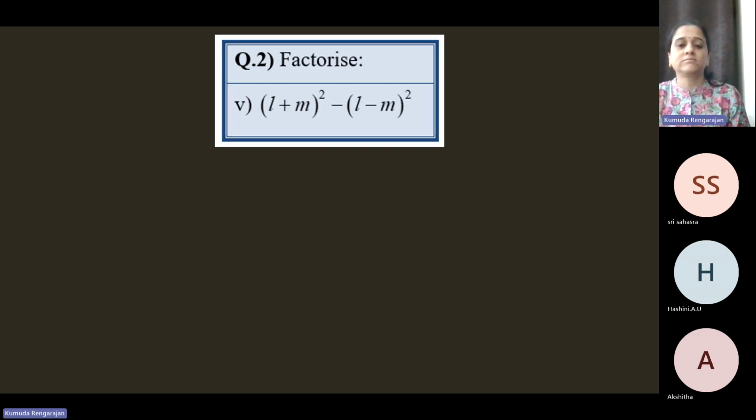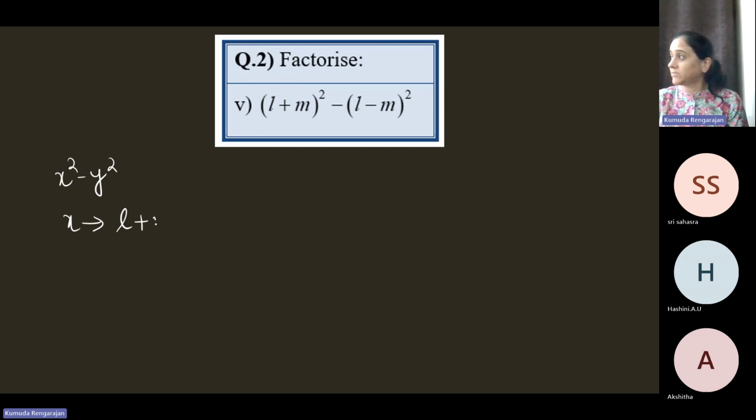Next one. If we look at this expression as x squared minus y squared, then what is x? L plus m.